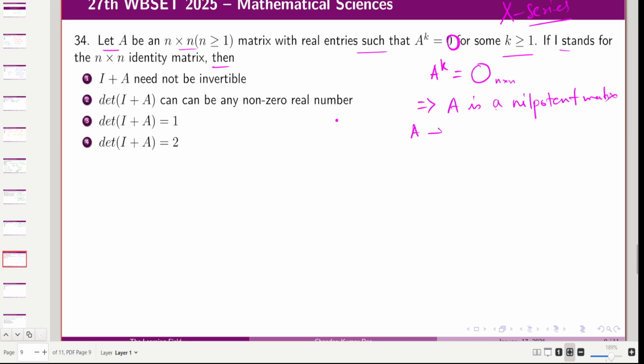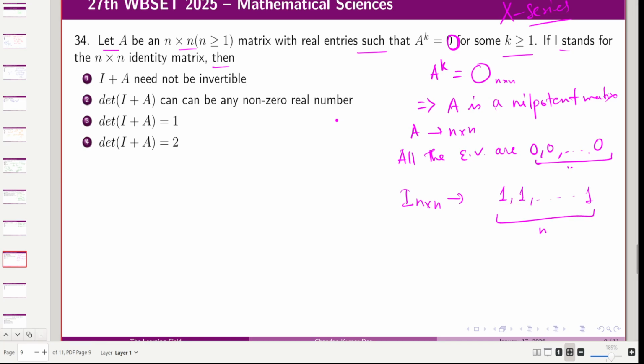If A is an n by n nilpotent matrix, then all the eigenvalues are 0, that is 0, 0, 0 up to 0. The number of zeros is n because the order of A is n. So there are n zero eigenvalues of the matrix A. Now I is the identity matrix of order n by n. What are the eigenvalues of I? 1, 1, 1, n times.